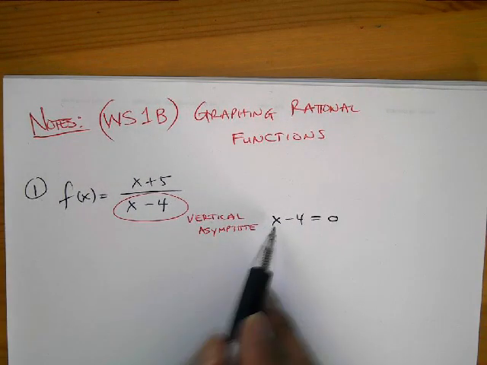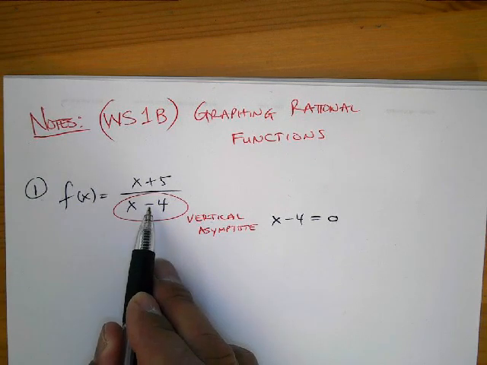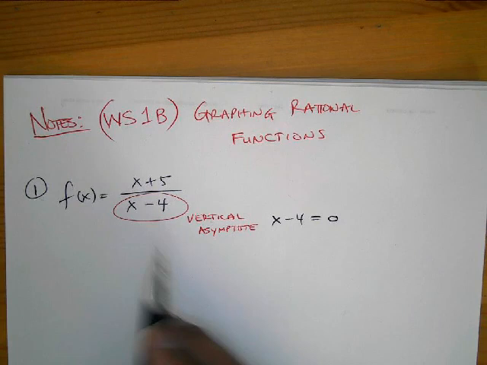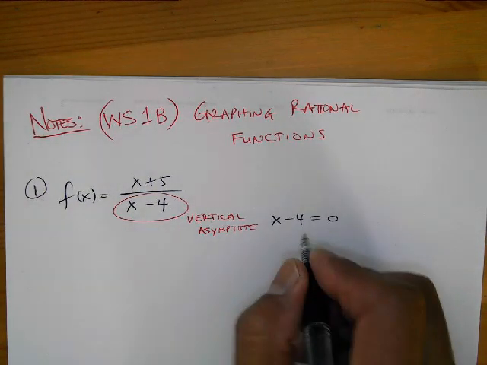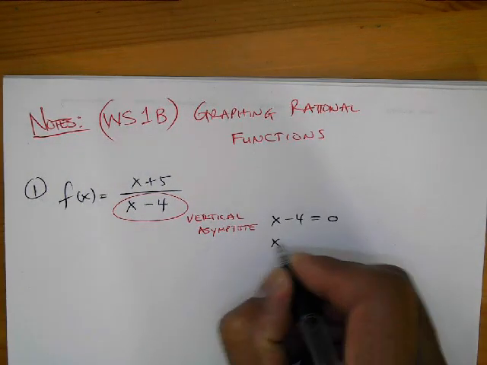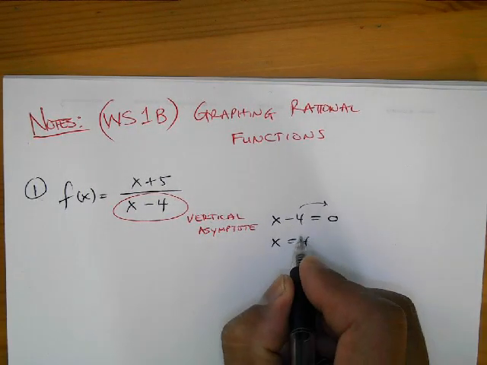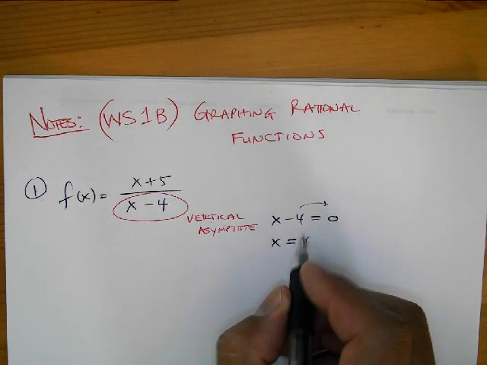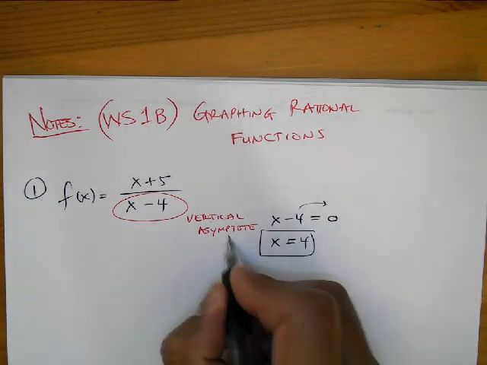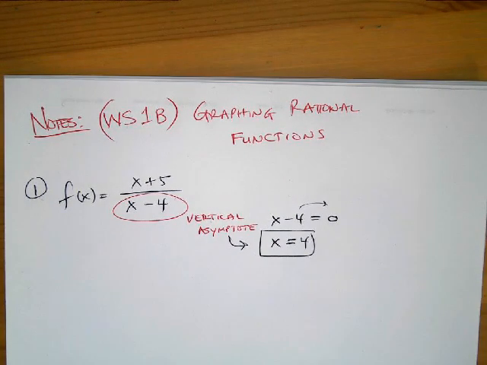What value of x will give me a 0 here? Because you can't have a 0 in the denominator, that'll make a fraction undefined. So anyways, when you move this over, you'll get x is equal to 4, right? This is your vertical asymptote.